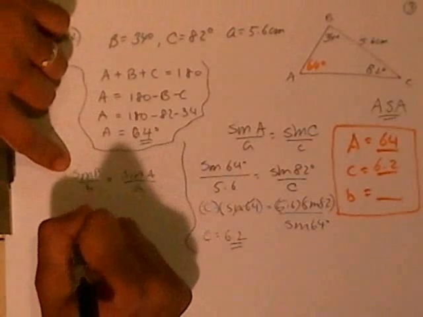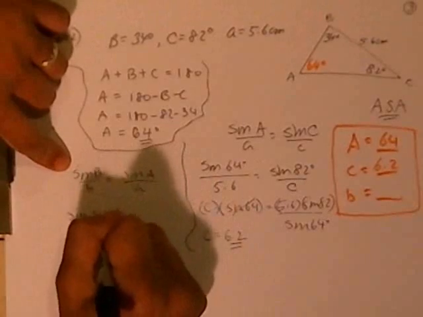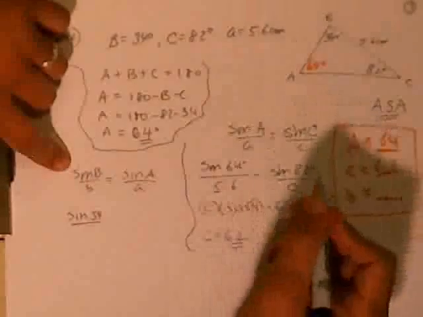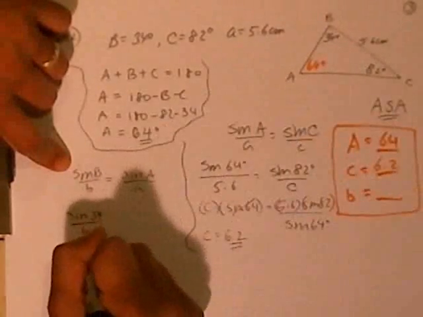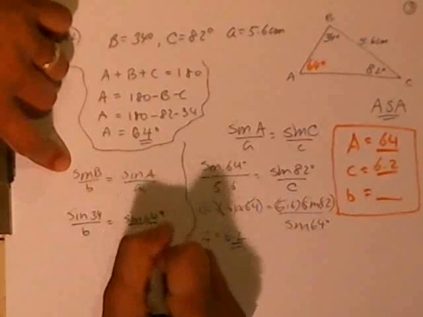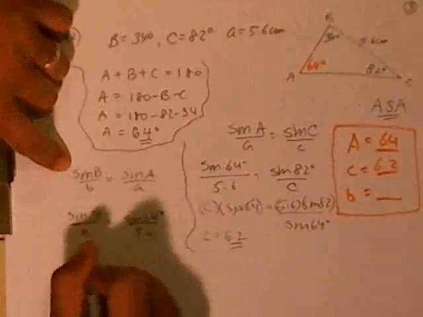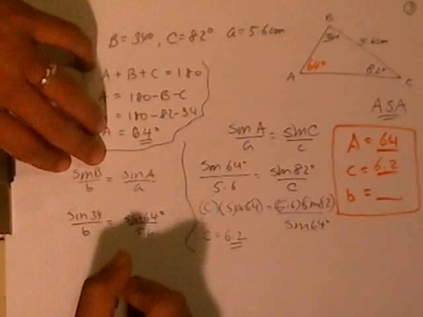Sine of B over angle B, which is 34 degrees over little b, that's what we're trying to find, is equal to the sine of 64 degrees divided by 5.6. We cross multiply. Let's see if we got that right so far.